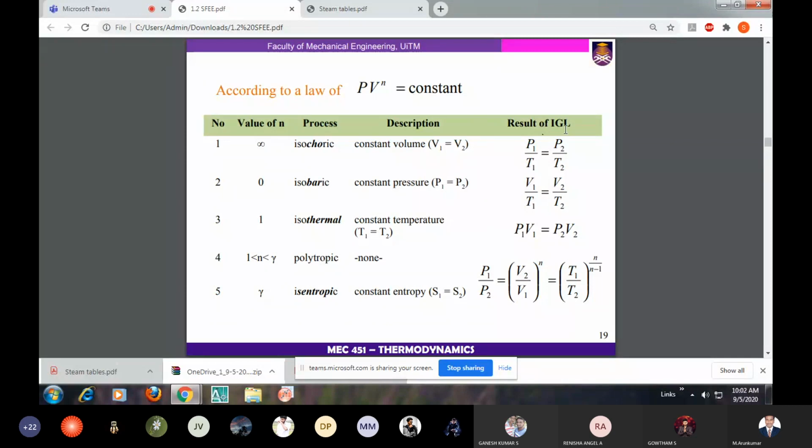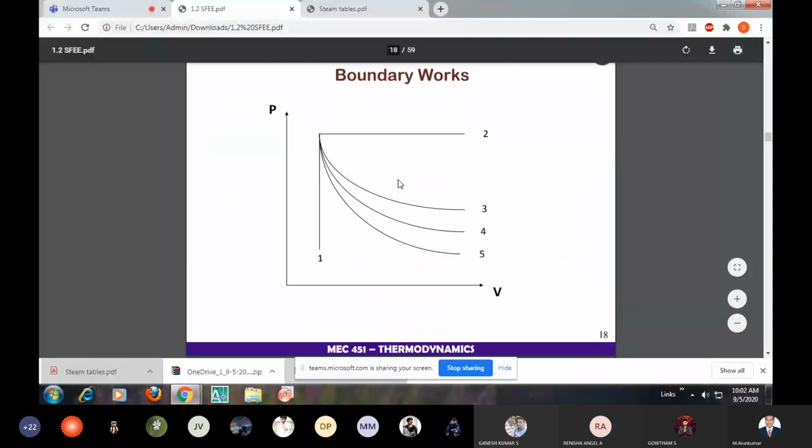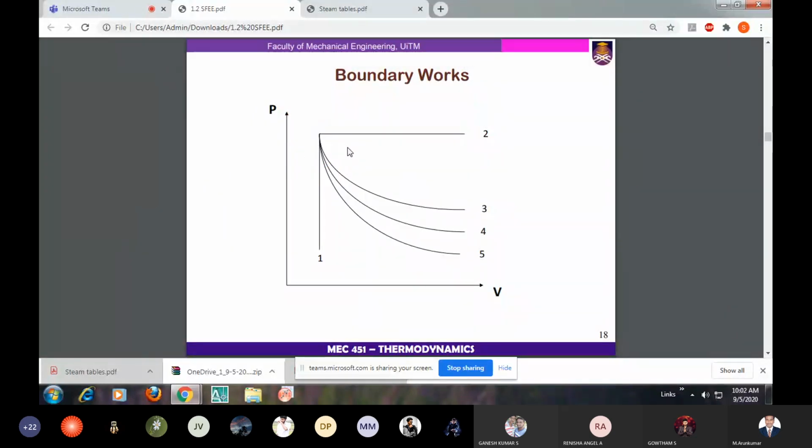The ideal gas equation will be PV power gamma is equal to constant for adiabatic process. Here V is equal to constant, so we can take P by T is equal to constant. So P1 by T1 will be P2 by T2. Then the second, this horizontal line, is an isobaric process.